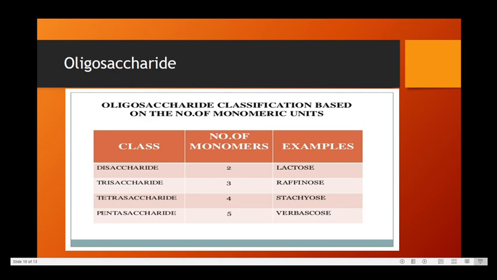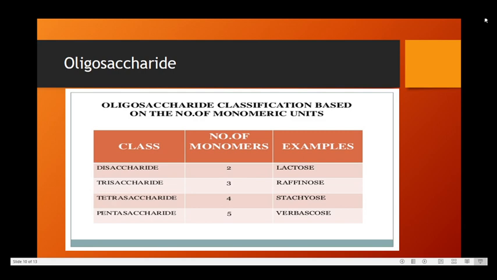So next is oligosaccharide. Depending on the number of monomers, oligosaccharides are disaccharide, trisaccharide, tetrasaccharide, pentasaccharide, etc. In a disaccharide, there are 2 sugar molecules joined by a glycosidic bond. One example is lactose.